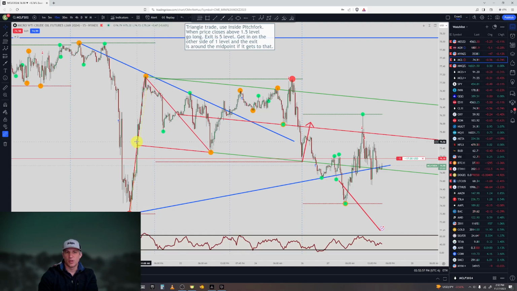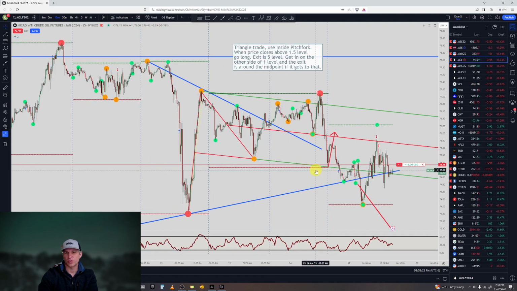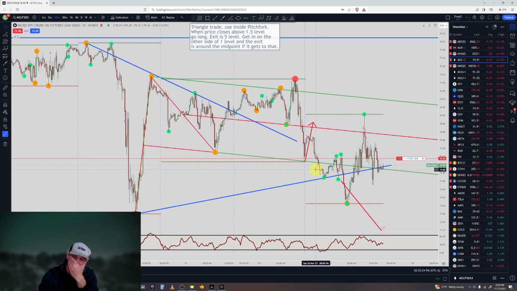So here we have an expanding one using that. No, I'm sorry, the regular triangle. Point 1, point 2 right here, point 3 right here, point 4 right here. So points 3 and 4 are within points 1 and 2. So then we just put the inside pitchfork on points 2, 3, 4. And then we're looking for a close down below down here, I'm sorry, I messed this up.